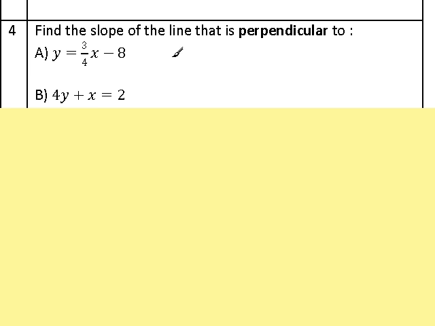In 4a, we want the slope of the line that is perpendicular to this line, the given line, and in 4b as well. So let's remember that perpendicular lines, that symbol means perpendicular. Perpendicular lines have slopes that are negative reciprocals.